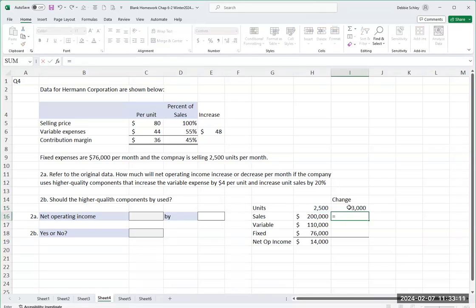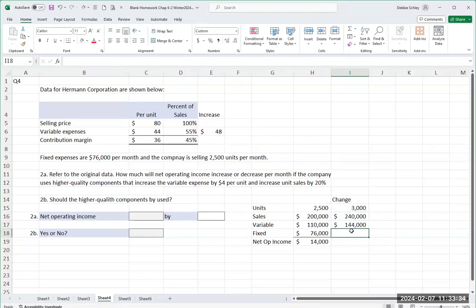Okay. So now I need the new number of units times the original selling price. Now this is where you need to make sure you're taking the new number of units times the new variable expense, right? The one we added $4 to.